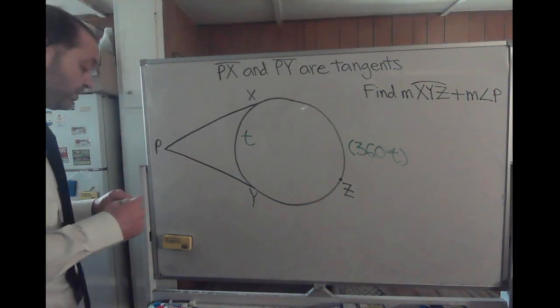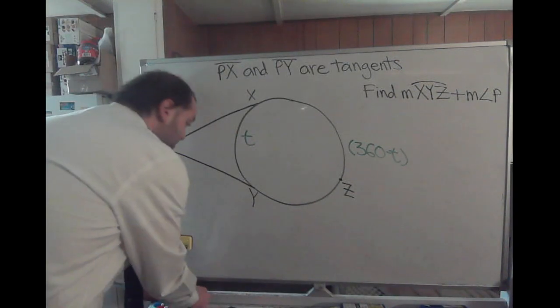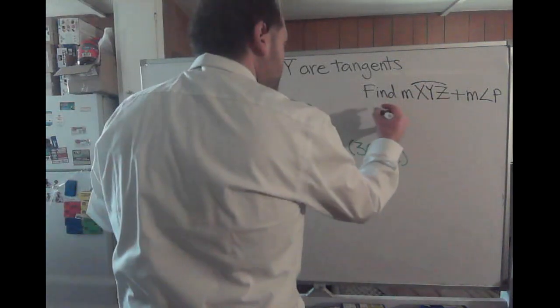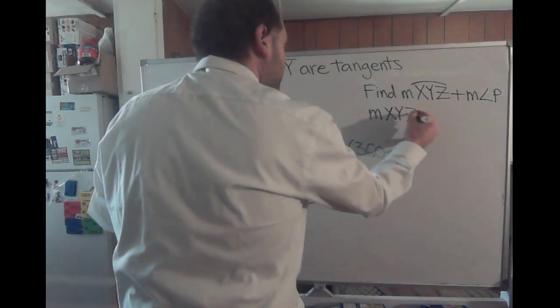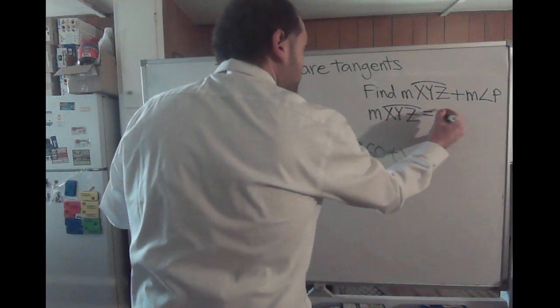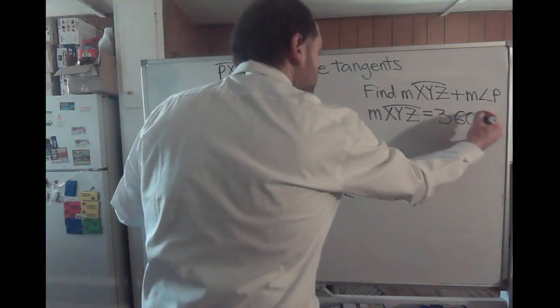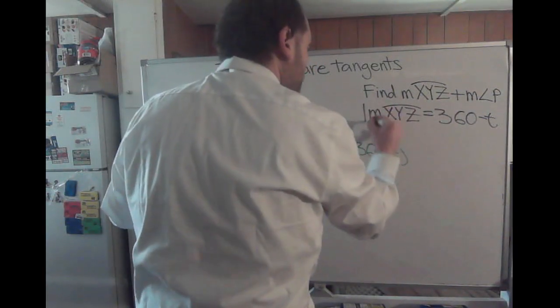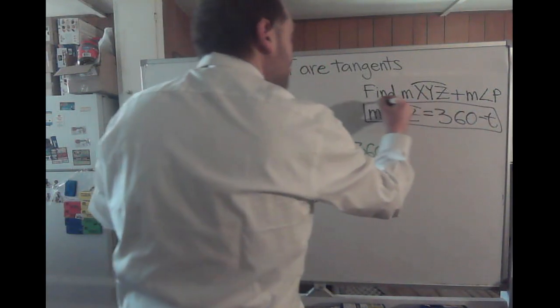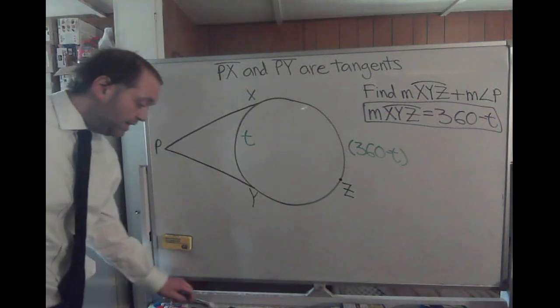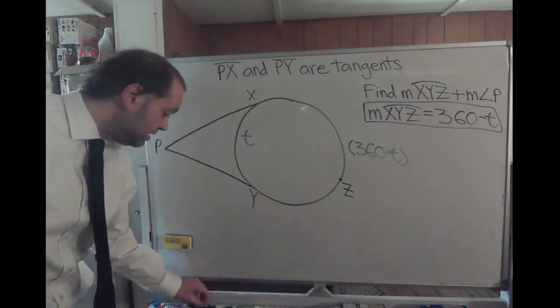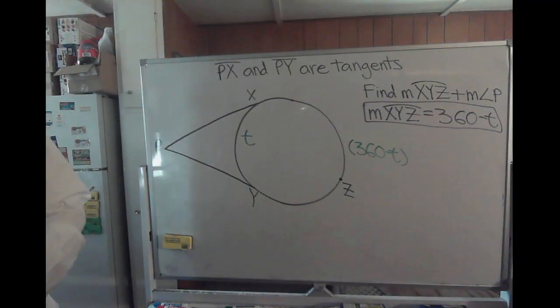So that means we have a measure of major arc XYZ, which would simply be equal to 360 minus t. That's the best we can do for that one. Now the other facet to this is finding the measure of angle P, which isn't too bad to find either.